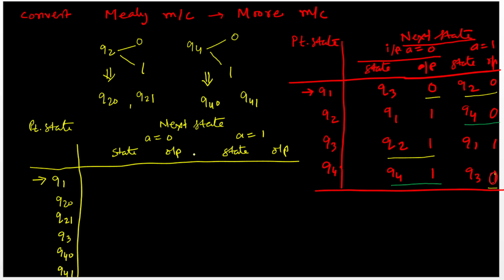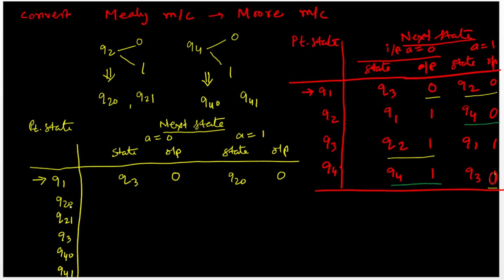Now write the transition. Q1, next state is Q3 and we have to write 0. And here the state is Q2, but Q2 is a newly generated state. So we just write Q2 0, that means we assume that its associated output is 0. That's why we write Q2 0.